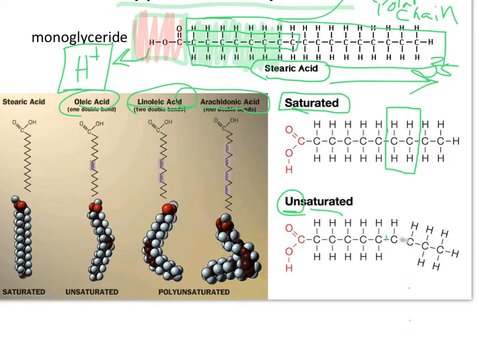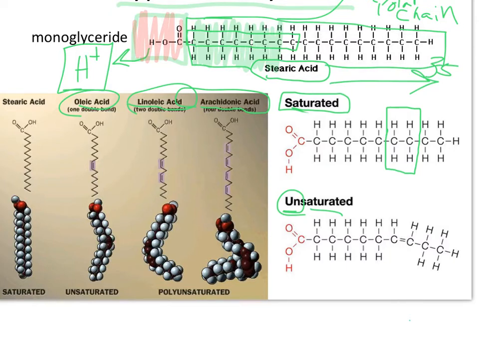This ends up having a huge impact on the molecules, and hopefully we'll have time to look at that a little bit in this class, but I can't guarantee it given the pace that we're moving. So we have saturated and unsaturated, and we have a monoglyceride.